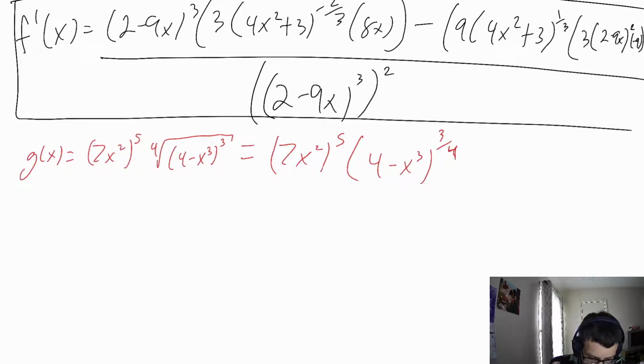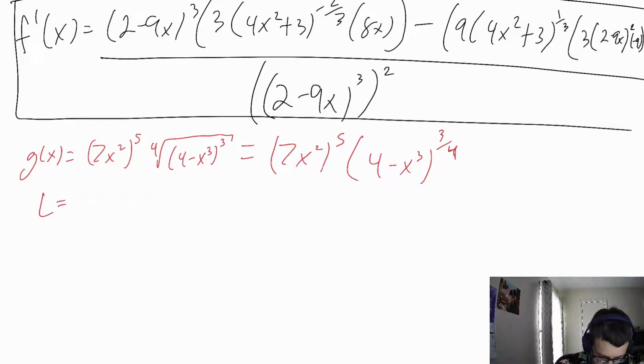So we have 4 minus x cubed cubed, and we're taking the 4th root of that. So this becomes 4 minus x cubed to the 3/4 power. When we have fractional exponents, the top exponent means raise it to that power, and the denominator of the exponent means take that root. So something raised to the 3/4 power means cube it and then take the 4th root. Or alternatively, take the 4th root and then cube that.